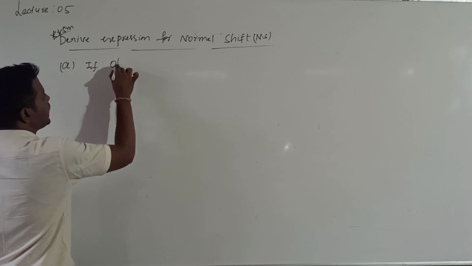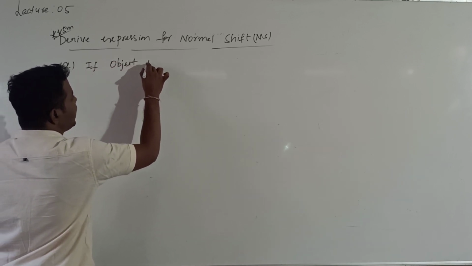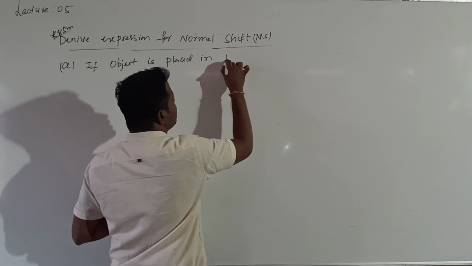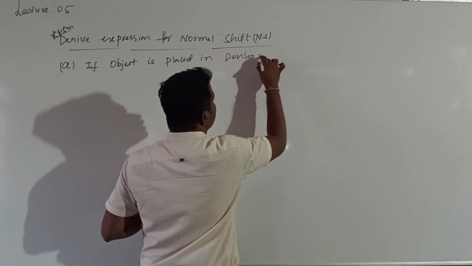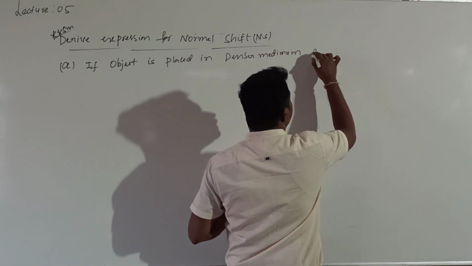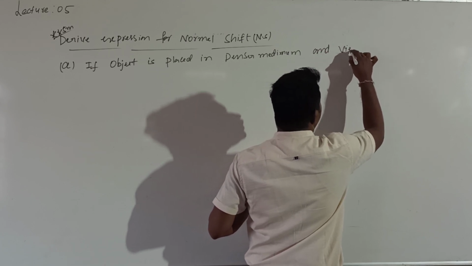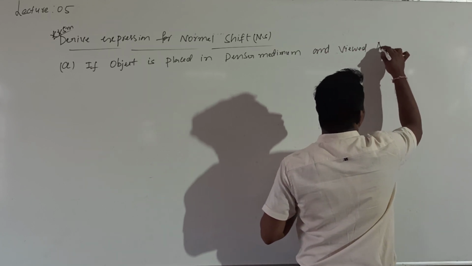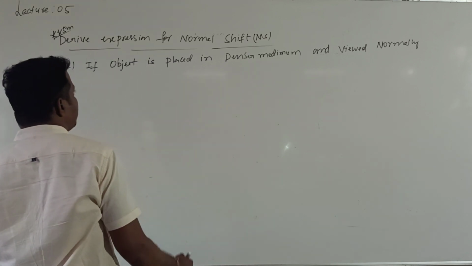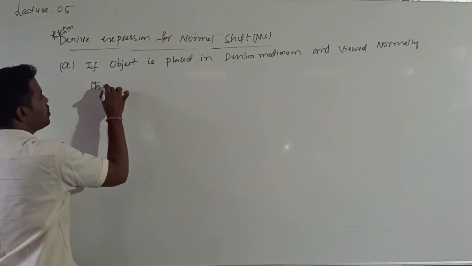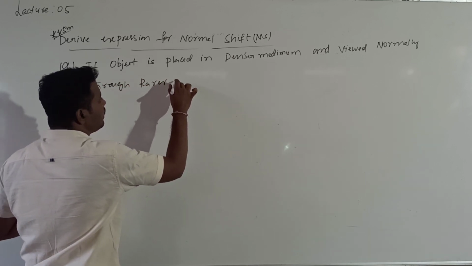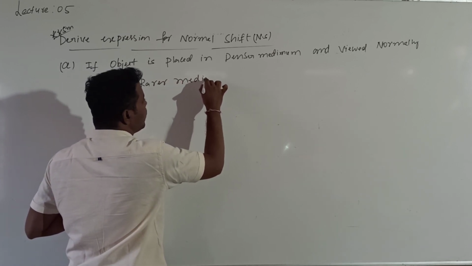If an object is placed in a denser medium and viewed normally through a rarer medium, in this case we want to derive the expression for the normal shift.